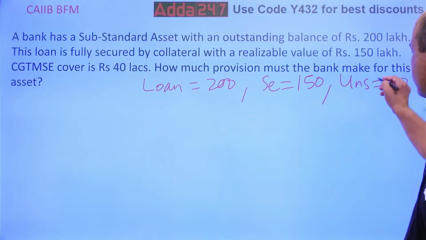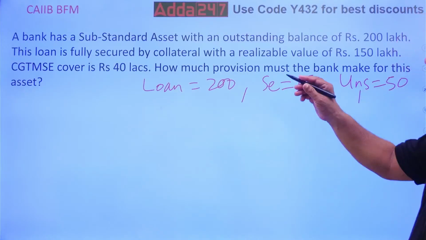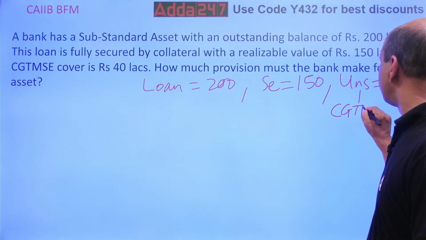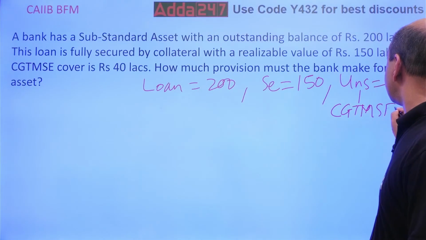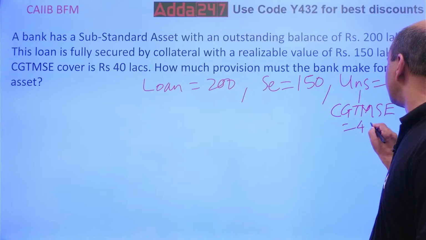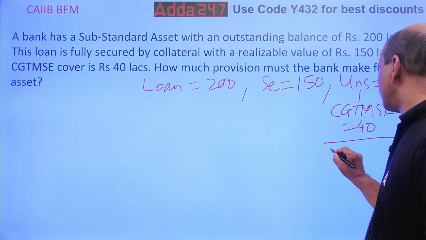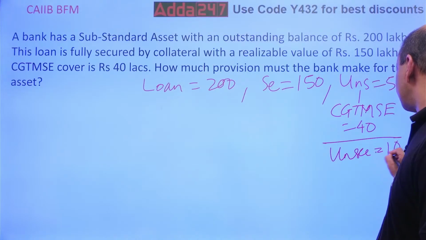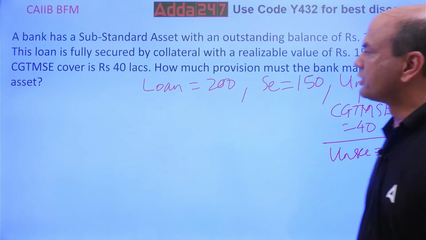But out of this 50, 40 lakhs is CGTMSE. So what is my unsecured portion? Net unsecured is 10 lakhs. Right? So now focus.